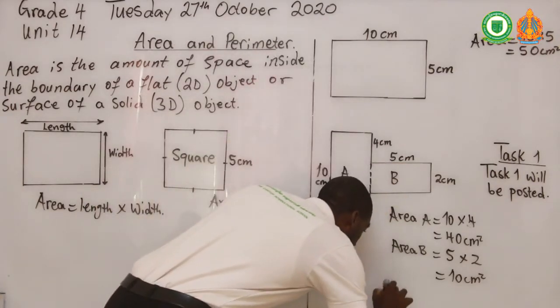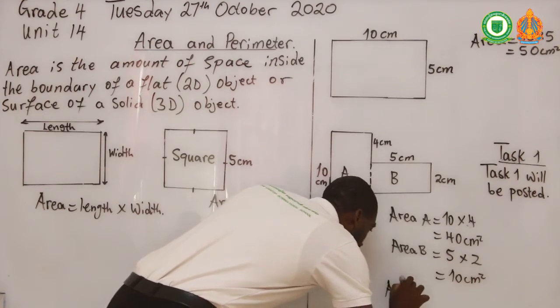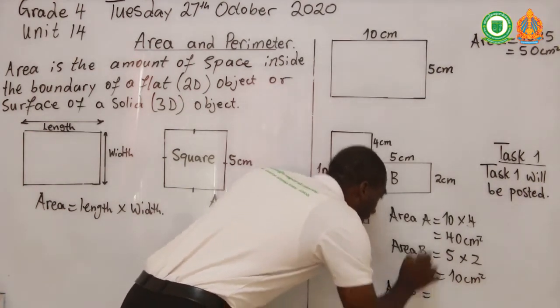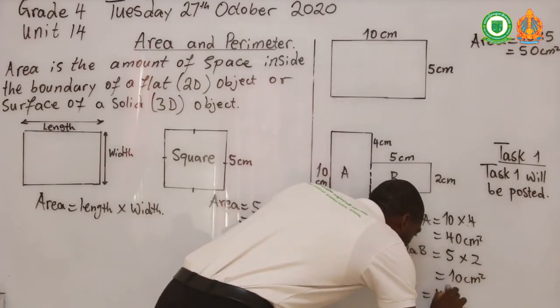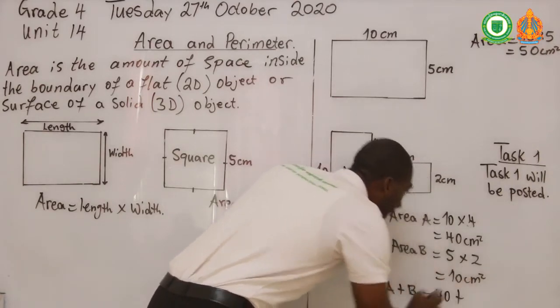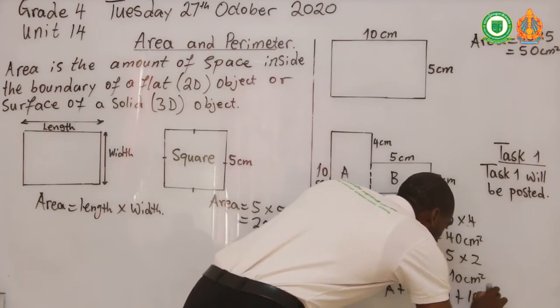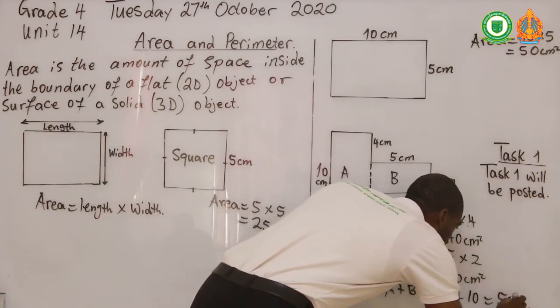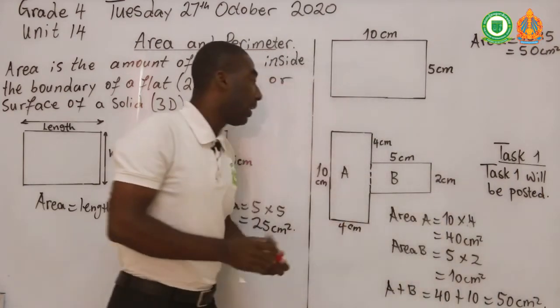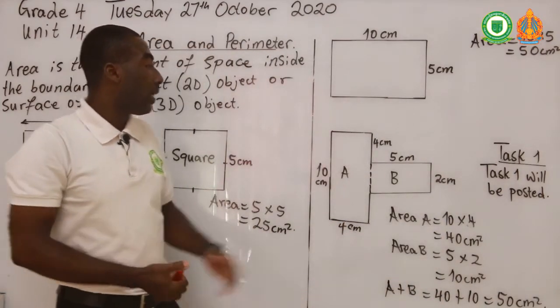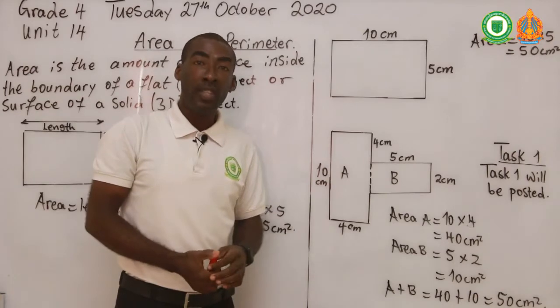So we say A plus B, which is our area A and area B, will be 40 plus our 10, and that will be equal to 50 centimeter square. So that is going to give you your total area size of your composite figure.